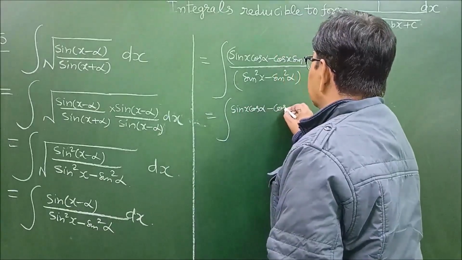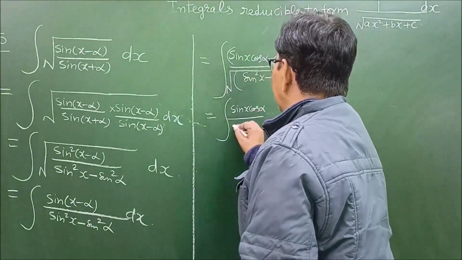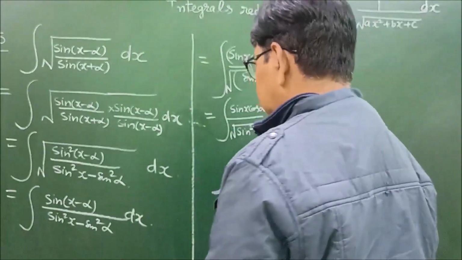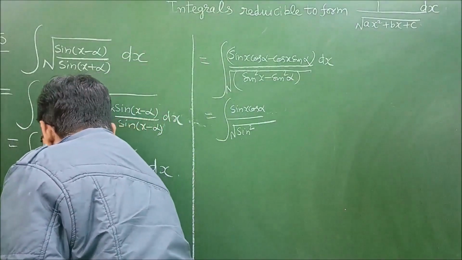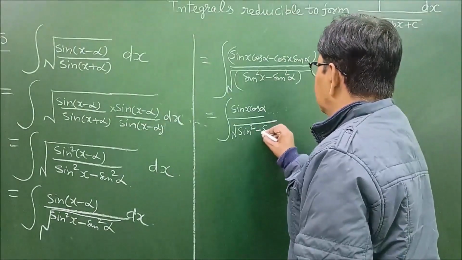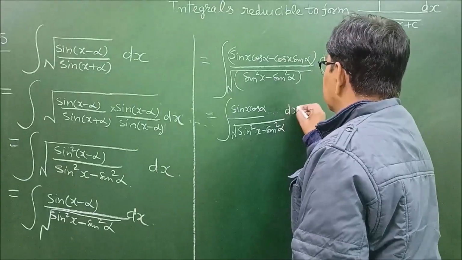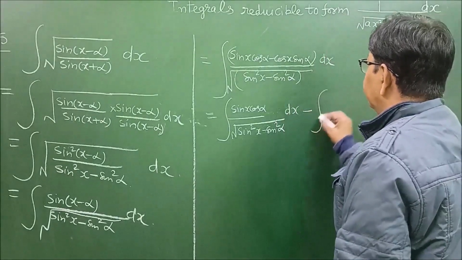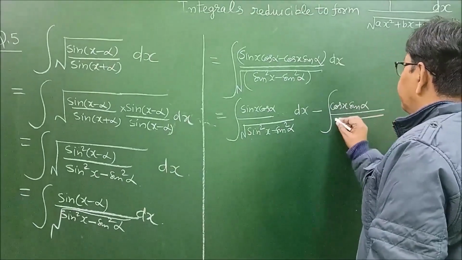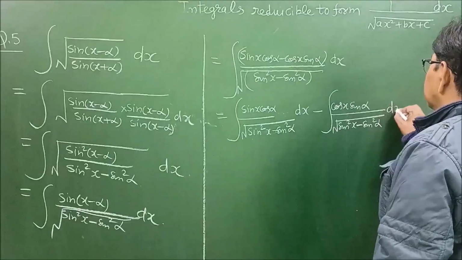minus cos x upon under root of sin square x minus sin square alpha dx minus integral of cos x sin alpha upon under root of sin square x minus sin square alpha dx.